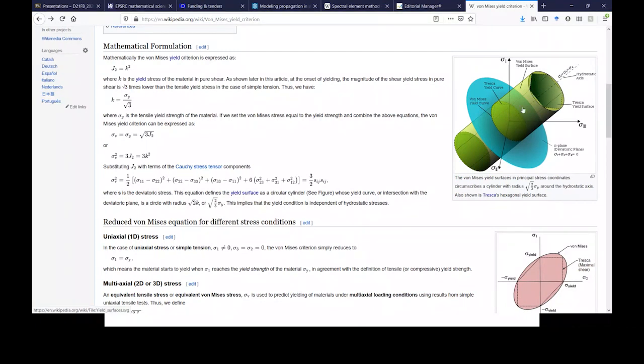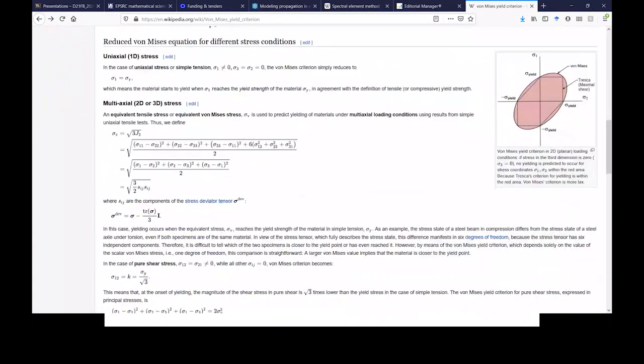So this is where you visually see the problem with the Tresca and von Mises. You can imagine at the axis of the cylinder, no matter how far the cylinder would go, the axis would still always be within the elastic region.